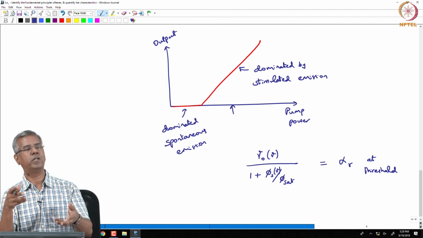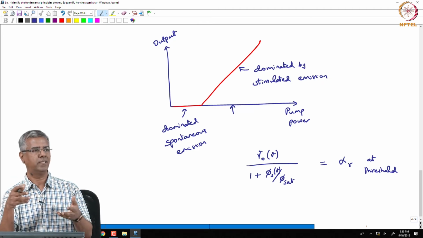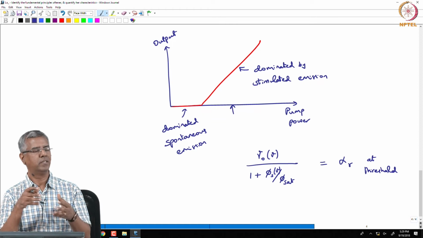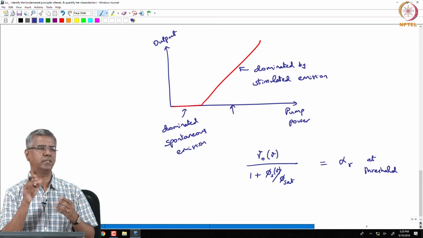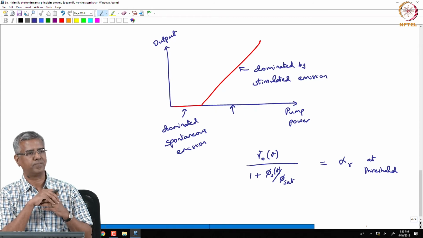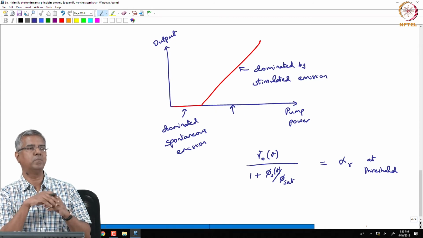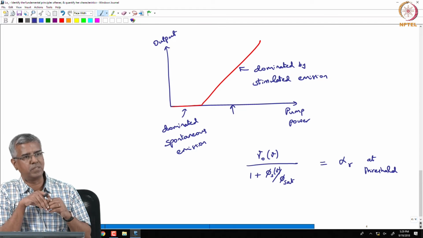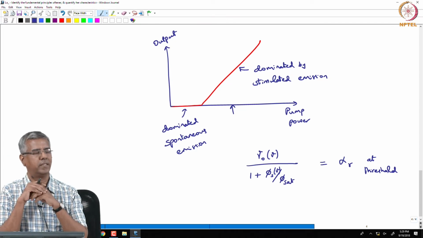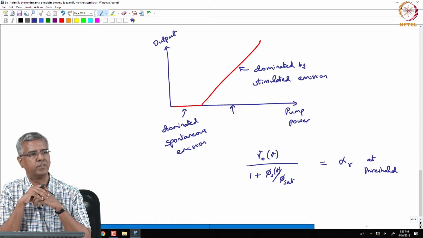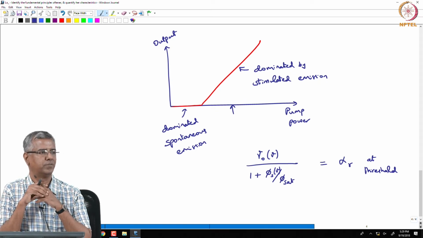Any more pump photons that I put beyond that is actually going to get leaked out as your laser emission. As far as the gain medium is concerned, the gain is actually clamped at that alpha R value, the resonator loss value.